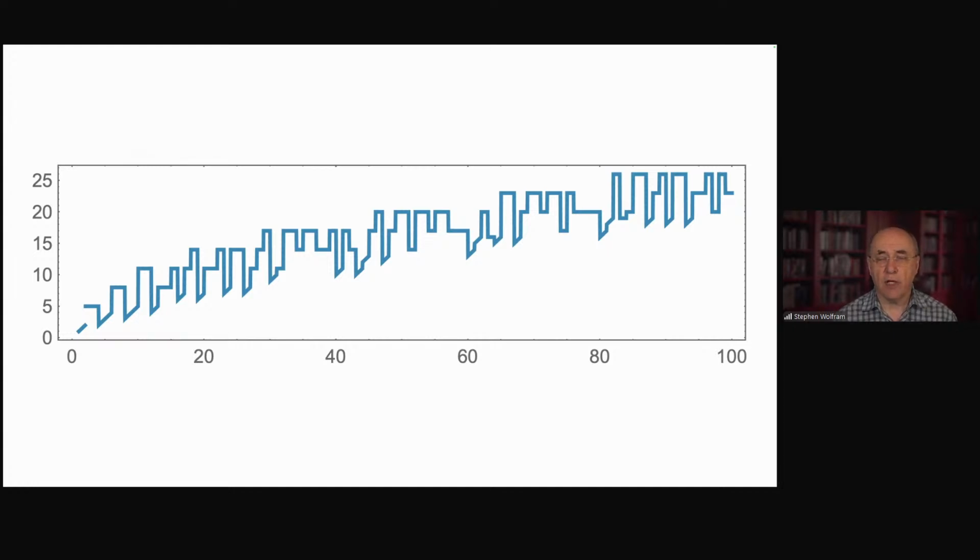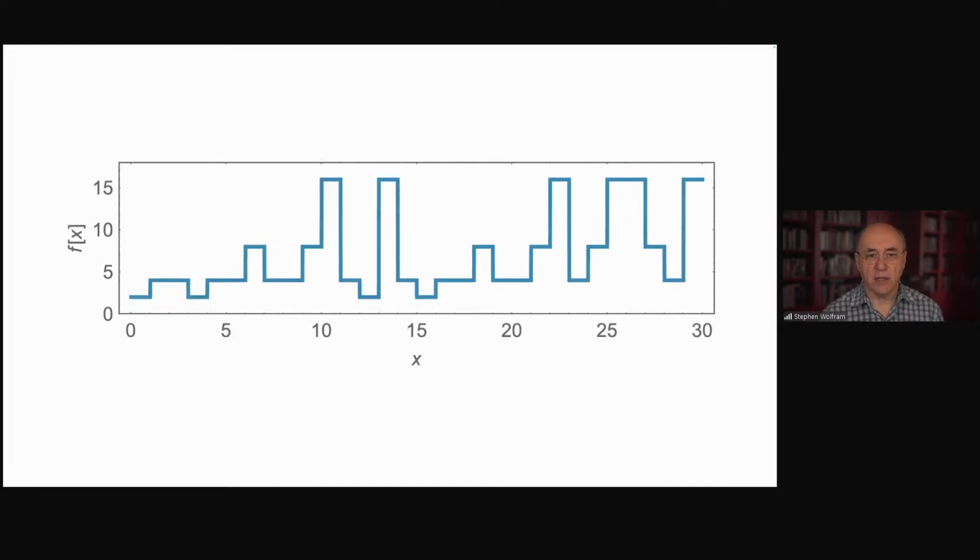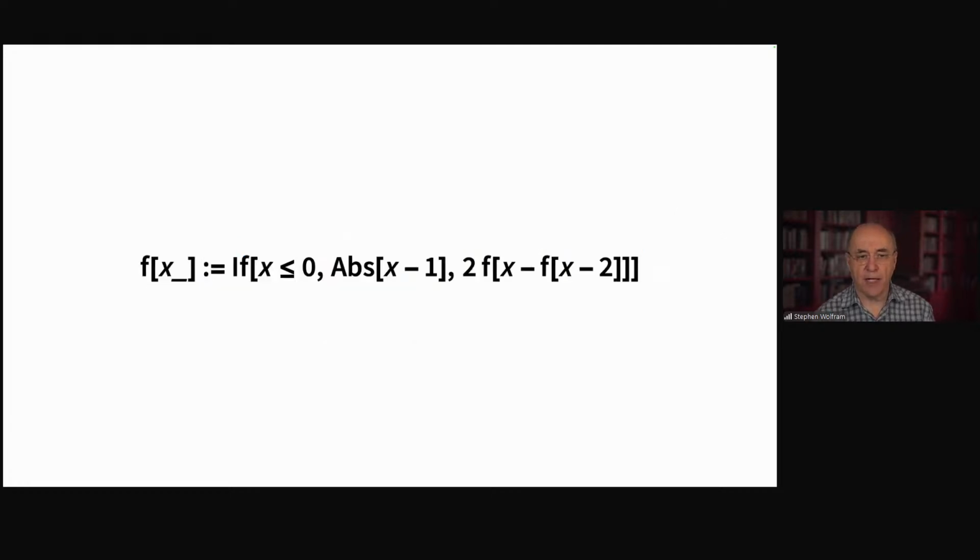But what about a rule like T212 that progressively looks back further? With the initial condition f of x equals 1 for x less than or equal to 0, one gets the same result as in the discrete case. But if one uses the initial condition f of x is abs of x minus 1 for x less than or equal to 0, and the abs of x minus 1 is needed to avoid ending up with f of x depending on f of y for y greater than x, one instead has this form here.